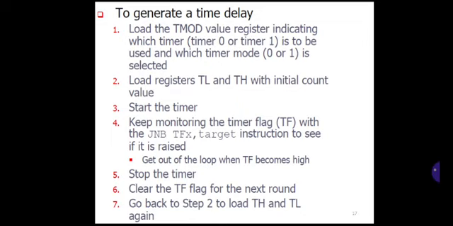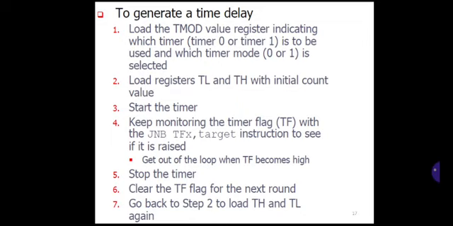Then load registers TL and TH with the initial count value. After selecting which timer you are using, that particular value has to be loaded into the TMOD register. After doing this step, the next step is to load the TL and TH registers with the initial count value. TL and TH are the registers in timer 0 and timer 1.